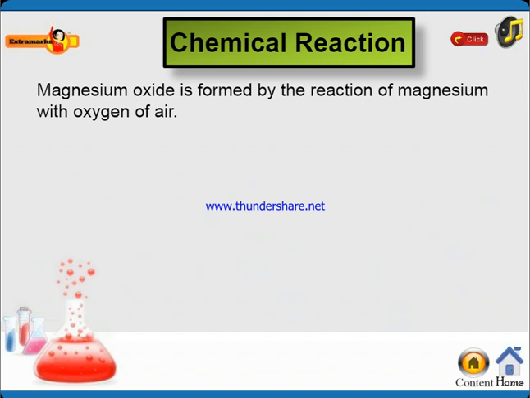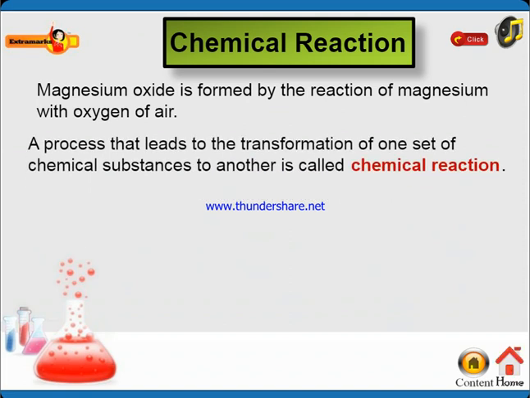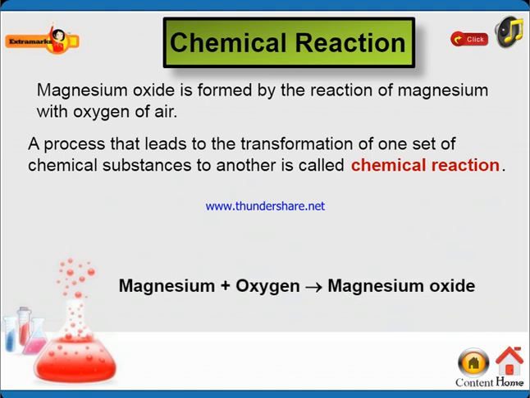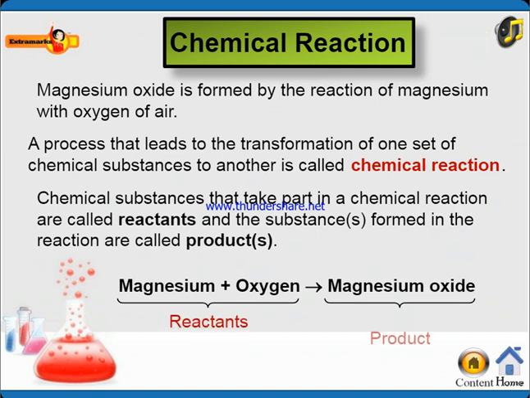Magnesium oxide is formed by the reaction of magnesium with the oxygen of air. The process that leads to the transformation of one set of chemical substances to another is called chemical reaction. Chemical substances that take part in a chemical reaction are called reactants, and the substances formed in the reaction are called products.